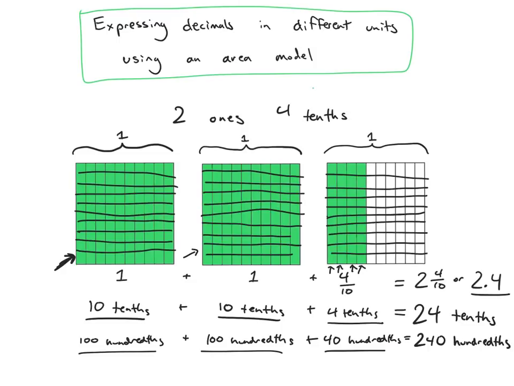You can see that we just added a 0 onto our previous amount of tenths, and that gave us the number of hundredths that this number represents. So that's 3 different units we can use to represent this number. We can represent it as a decimal or a mixed number, in terms of tenths, and in terms of hundredths. So that's all using the area model.